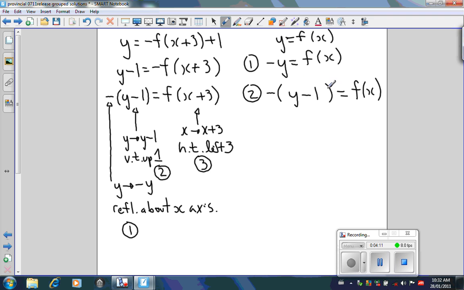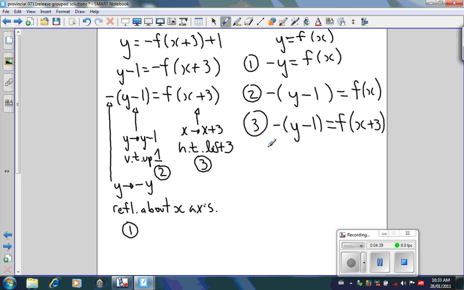And you can see that by putting it in the brackets here, I've ended up with what I had over here, which is what I'm looking for. And on my third transformation, I've got negative y minus 1 equals f of x, and I'm replacing x with x plus 3, which is left 3.